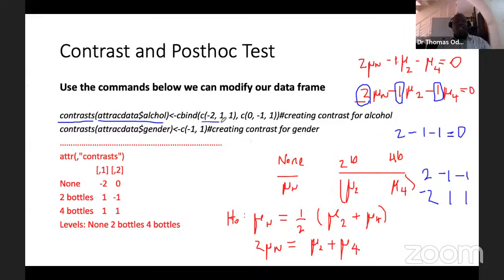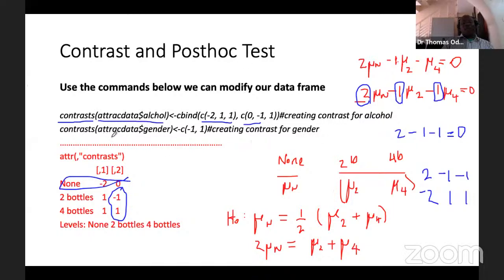The first contrast is on alcohol: 2, -1, -1, which compares none with the average of these 2. And then the second one is 0, -1, -1. That means I'm no longer interested in none; I'm only comparing 2 and 4. So these are the 2 contrasts that I have. Once you've done this, you run your analysis as before, and then you see the interpretation of the results.